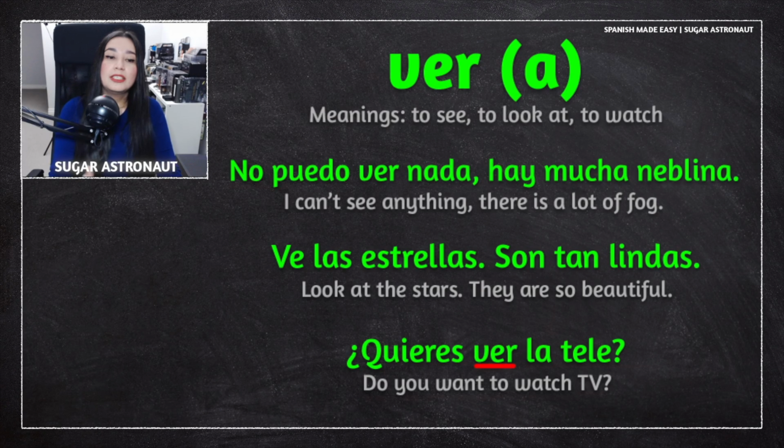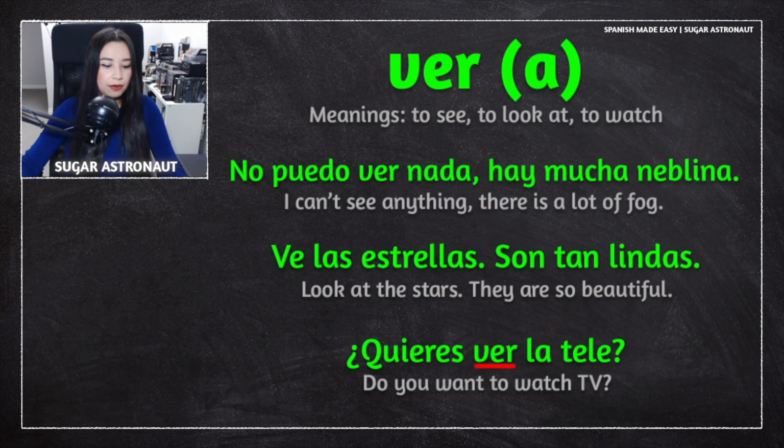And if you want to say to see in Spanish, then you can also use the verb ver. No puedo ver nada. I can't see anything. Or anything else that has the meaning to see. Ver algo, to see something, to watch something, or to look at something. So yeah, it's a very versatile verb, and it's quite interesting. I recommend you learn this specific verb.